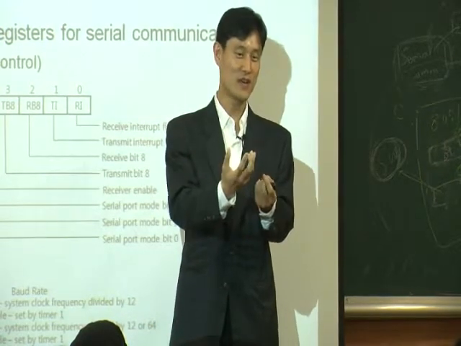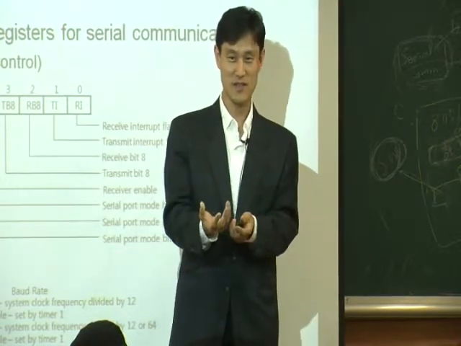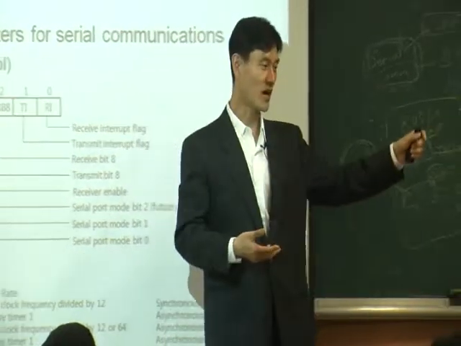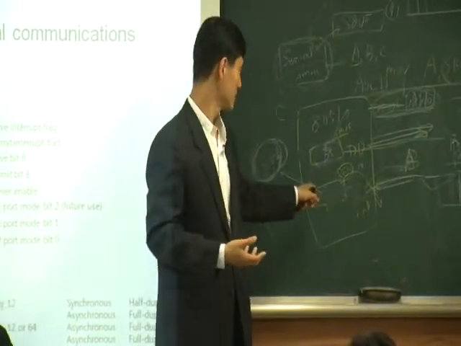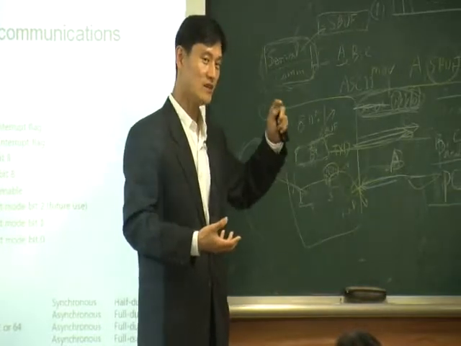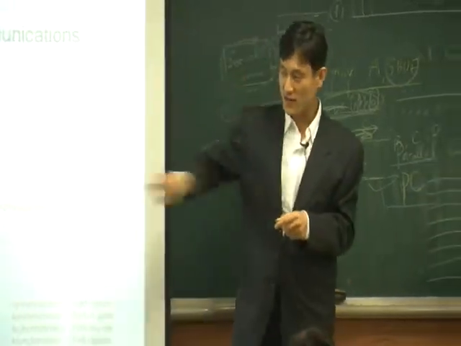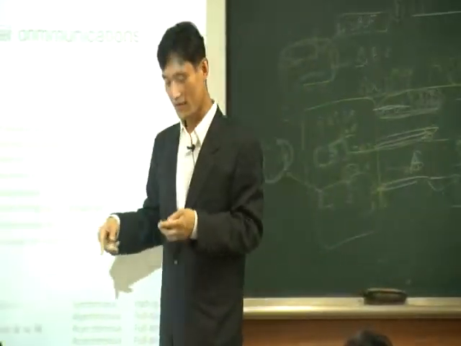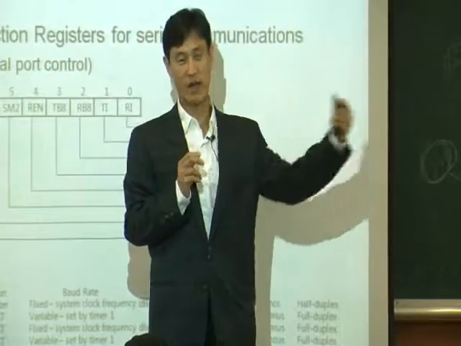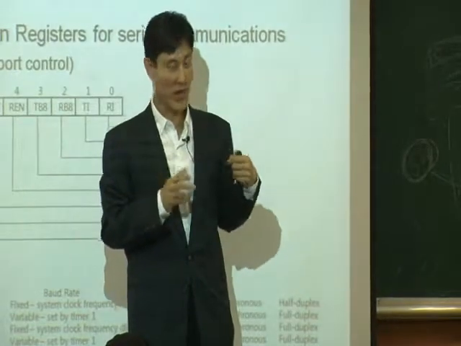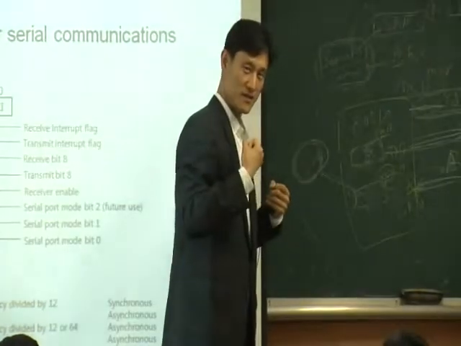Because the cell phone is now telling you, okay, someone is sending you a message. Same here. Whenever the hardware receives some value, the hardware writes that value into SBUF, and then sends the interrupt to the software. Now the software is waiting, and whenever it gets the interrupt, it goes there and reads it out.